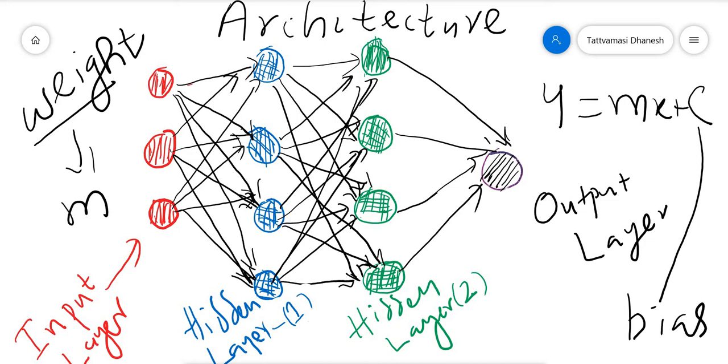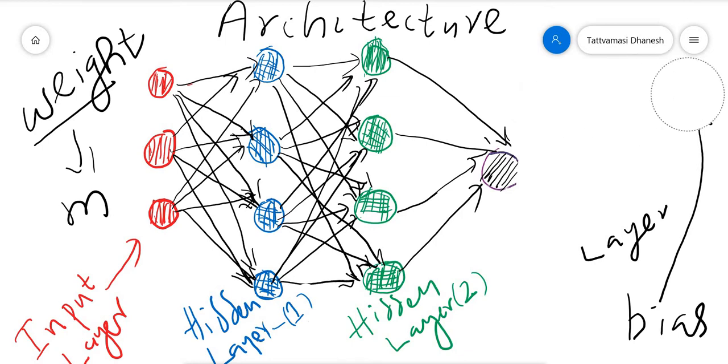The hidden layer is the intermediate layer between the input layer and the output layer, and it is the place where all the computation or calculation is happening.